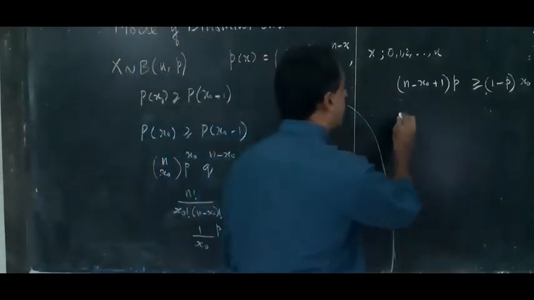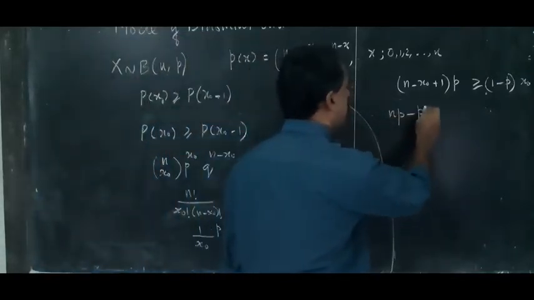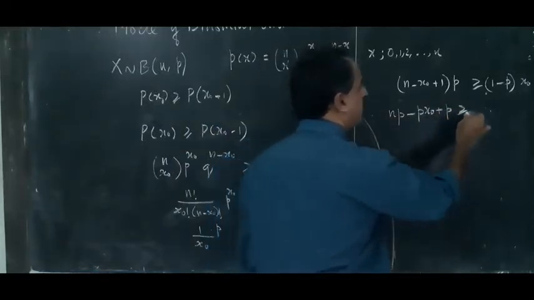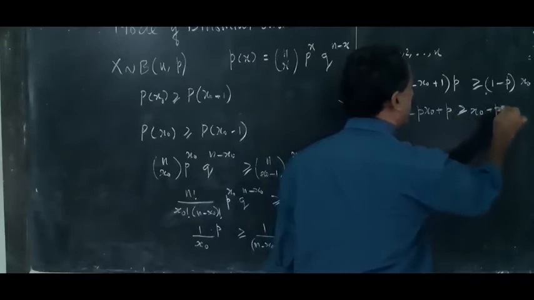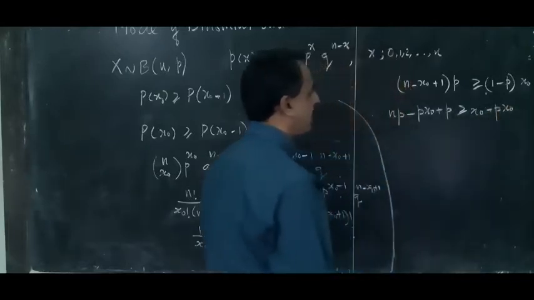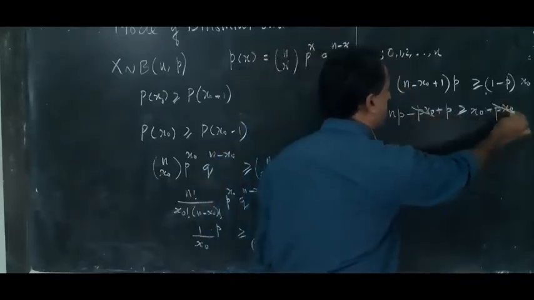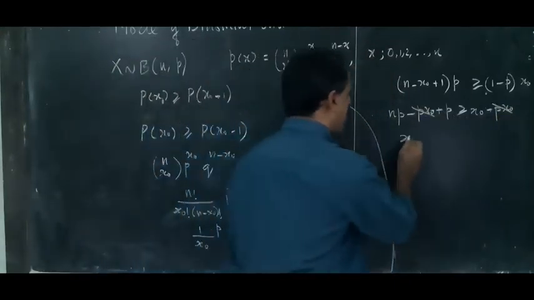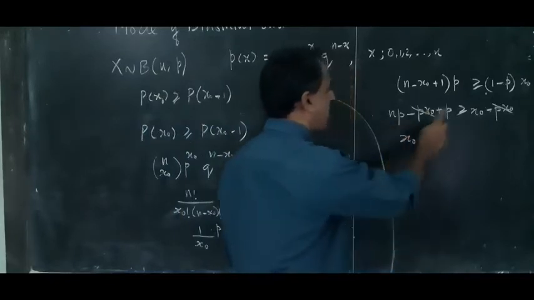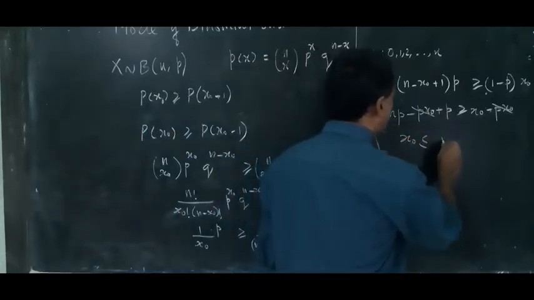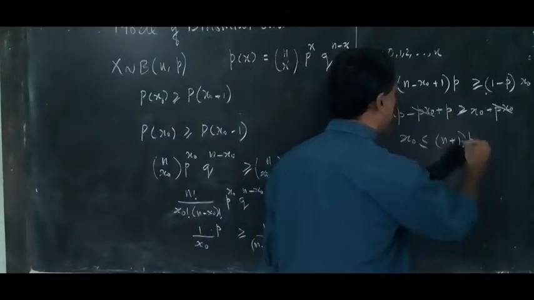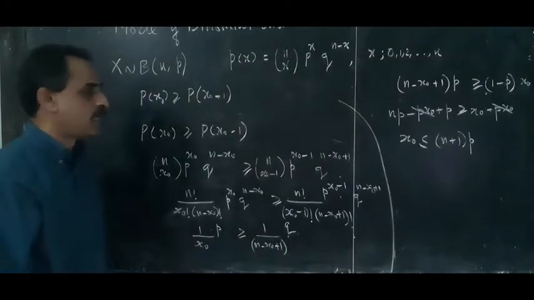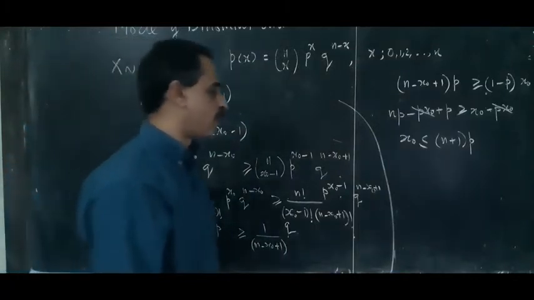So if you open the brackets, np − p x0 + p ≥ x0 − p x0. Again, we can cancel some of the similar terms and write the reverse order. So it becomes x0 ≤ np + p, which can be considered as (n + 1) p. Thus, the second equation has been simplified as x0 ≤ (n + 1) p.